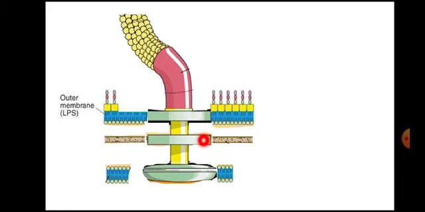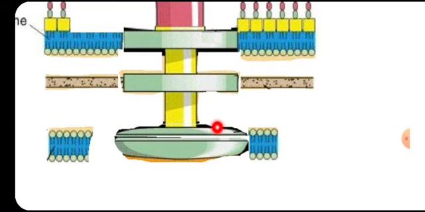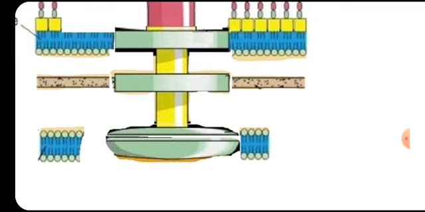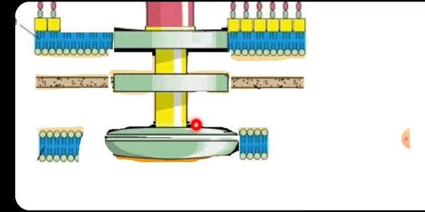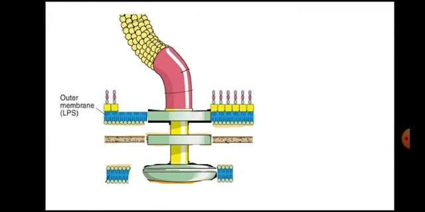This is in peptidoglycan, so it is called the P ring. This is superficially present on the cell membrane, so it is called the S ring, and this is embedded in the membrane, and that is why it is called M. So these rings are L, P, S, and M. We need to remember that flagellum in gram negative bacteria consists of four rings, and these are L, P, S, and M.